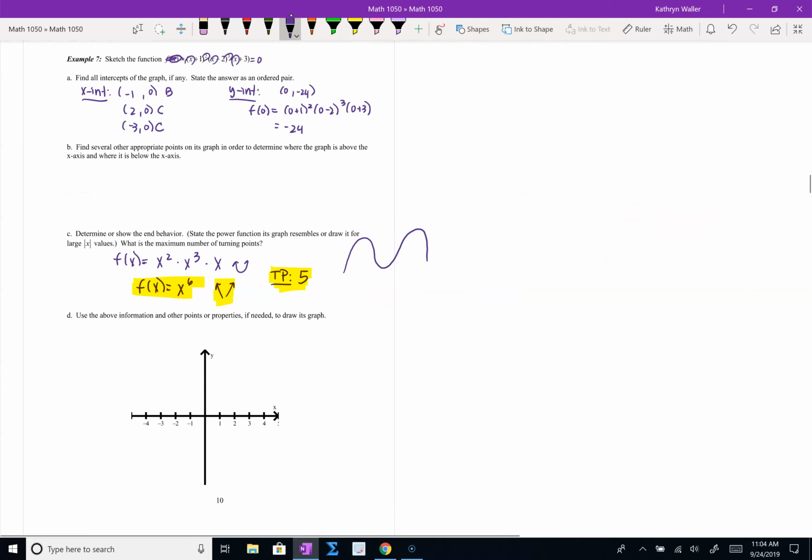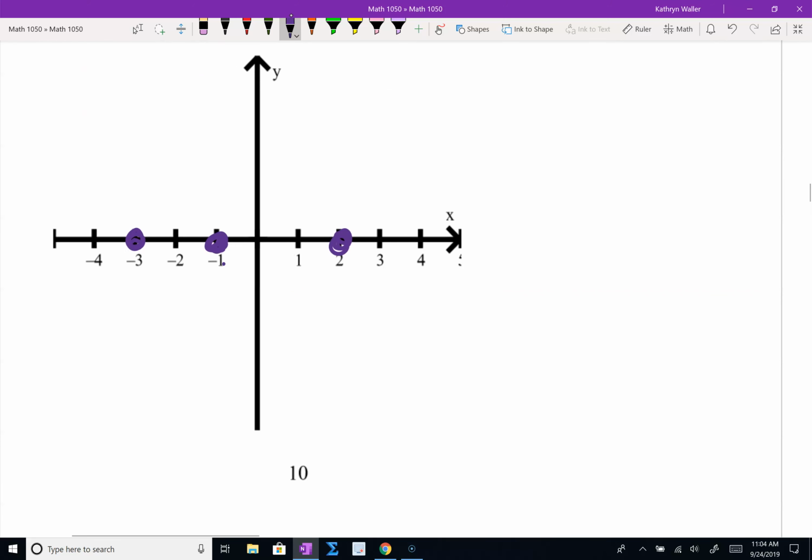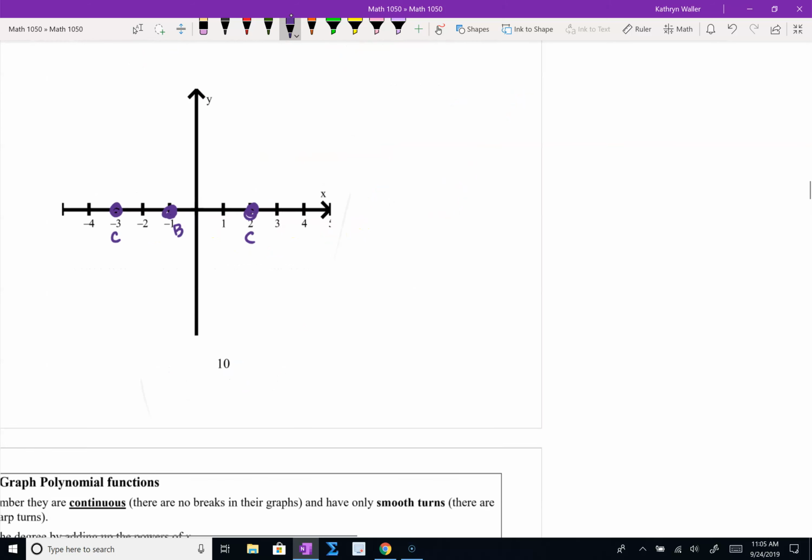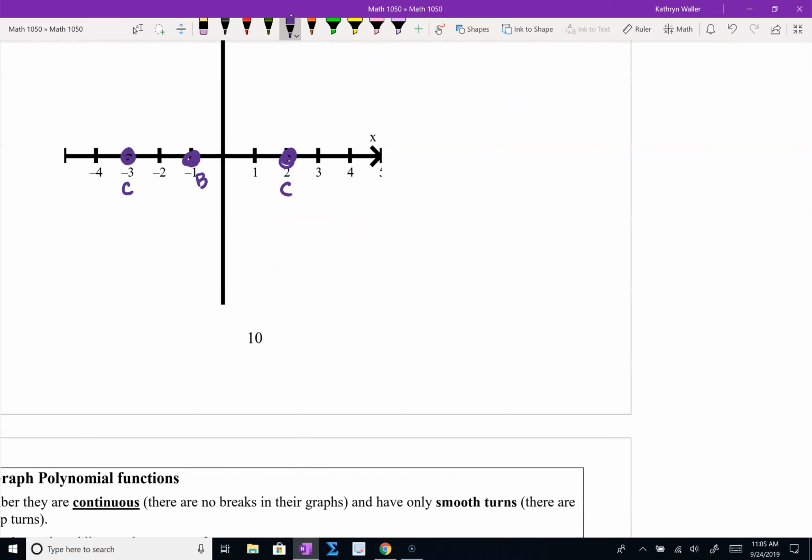Okay. So, negative 1, 0 is here. 2, 0 is here. Negative 3, 0 is there. Okay? And this is a bouncing. And those other two cross. And then the y-intercept is 0, negative 24. So I know this is not to scale, but it's okay if I label it.